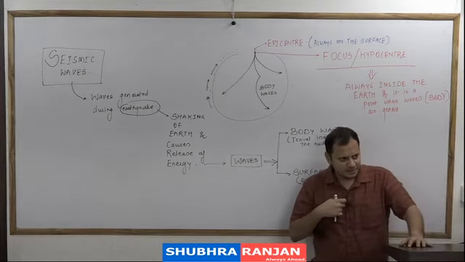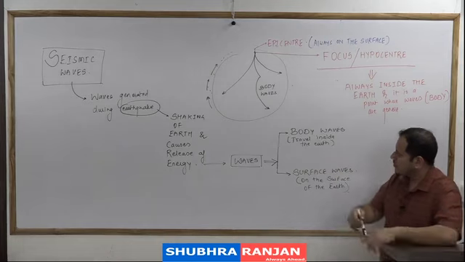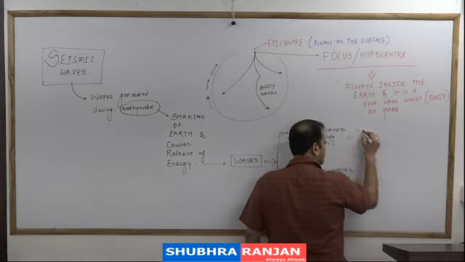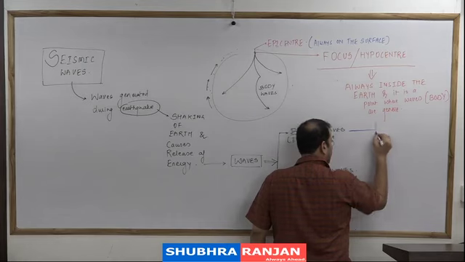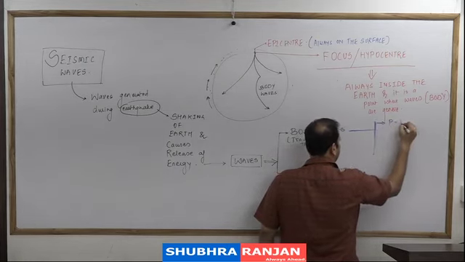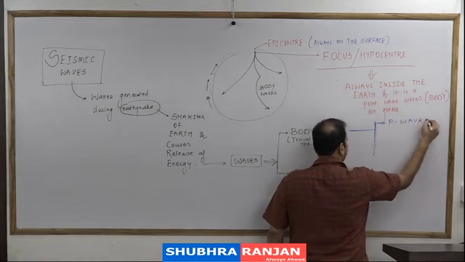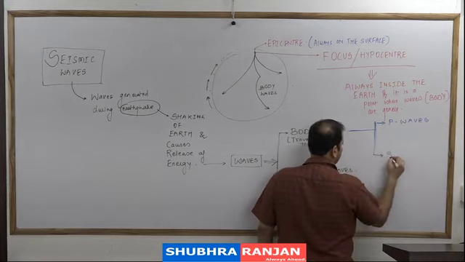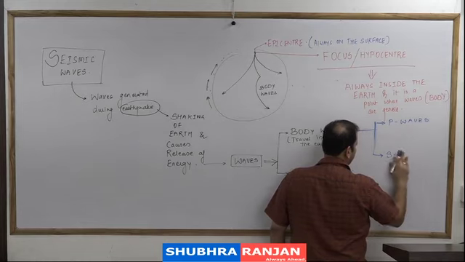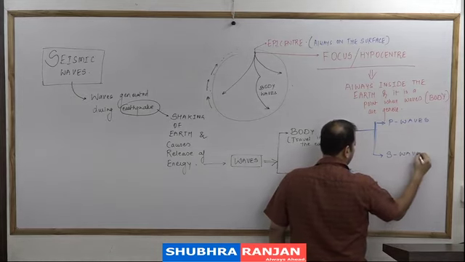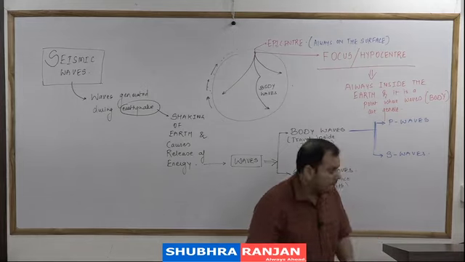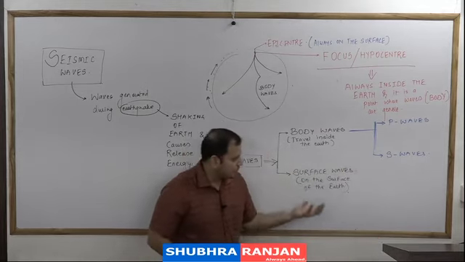We are living at the surface, so body waves are passing through the inside, and these body waves, depending upon their speed, are further classified into P waves, that is the primary waves, and S waves, that is the secondary waves. Now why primary wave, or P wave, and why secondary wave?